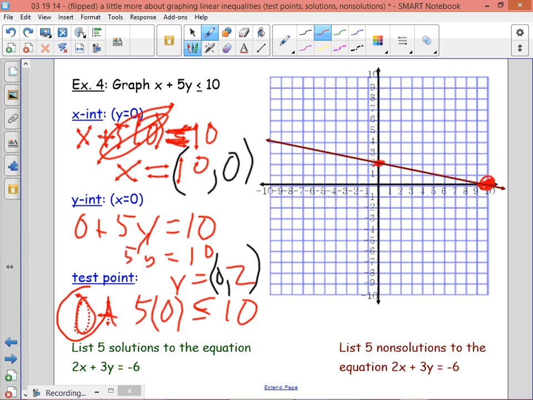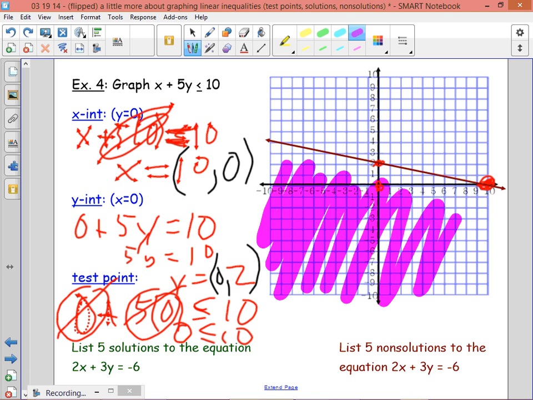Well, that's 0, that's 0. So is 0 less than or equal to 10? It sure is. So the side that has the origin is definitely the side that has the solutions. Graph those in. You're going to list out 5 solutions and 5 non-solutions, and you're going to try the your turn, and we are done.